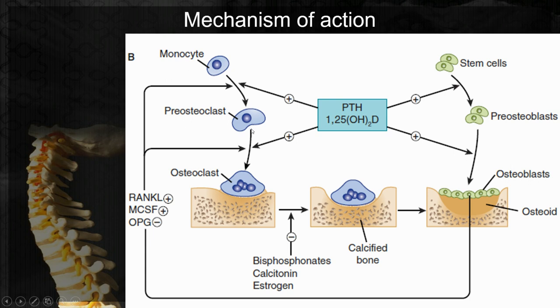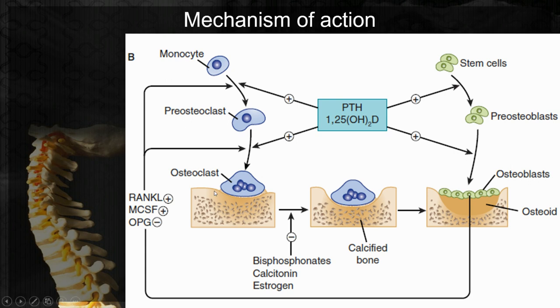This on further stimuli gets differentiated into osteoclasts. Osteoclasts are majorly needed for their resorptive action, whereas the stem cells under proper stimulus get differentiated into pro-osteoblasts. This gets further differentiated into osteoblasts. These osteoblasts are majorly needed for laying out the osteoid. A fine balance between osteoclast and osteoblast action is needed for maintaining a healthy bone.